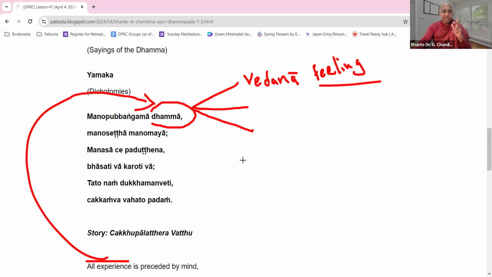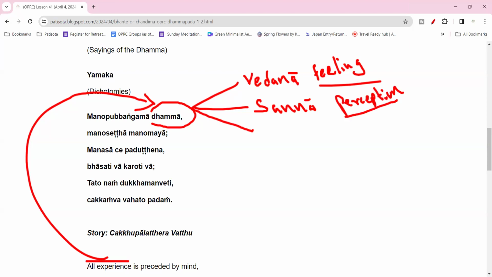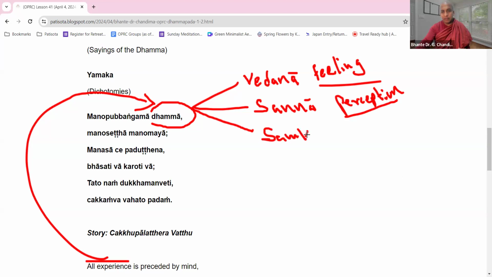So our experiences include primarily a feeling attached to that experience. And then Sanya, which means perception. Right? Perception. And then Sankhara. Sankhara means mental formations.